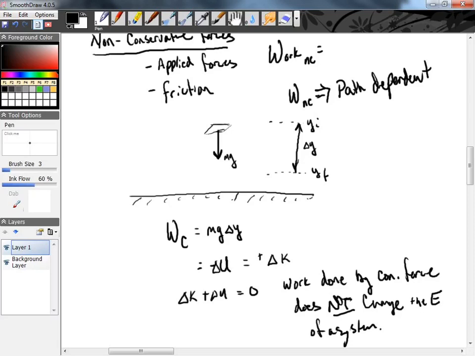Remember the total mechanical energy is this E. So if we have work done by a conservative force within the system, it doesn't change the total mechanical energy of that system.